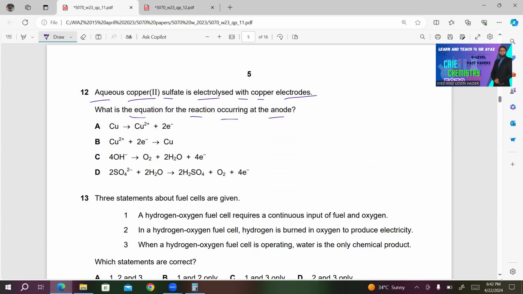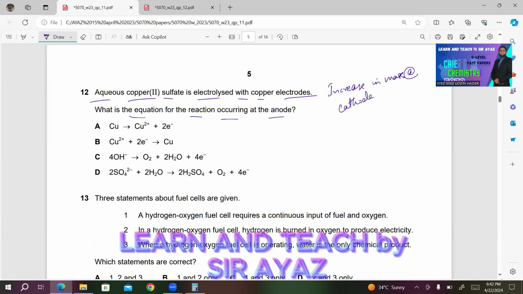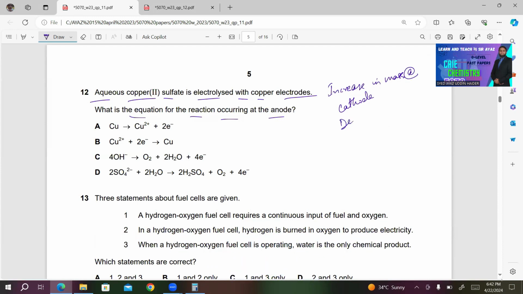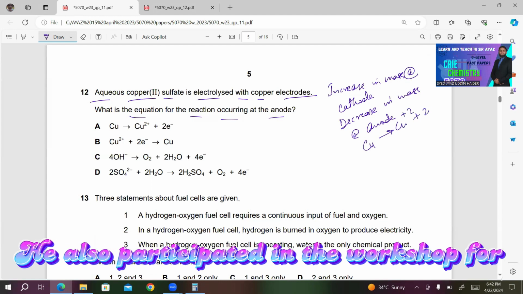Now copper electrodes are used, which means there must be an increase in mass at the cathode due to deposition of copper +2 ions as copper, and a decrease in mass at the anode due to the copper anode dissolving to give Cu+2 and 2 electrons.